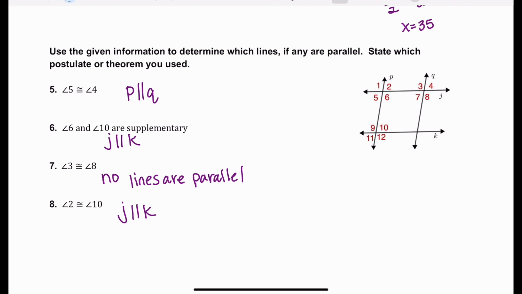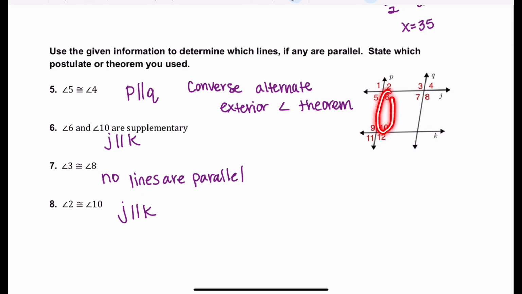Now we also need to state which postulate we used. So if P and Q are our parallel lines, and I'm looking at angle 5 and angle 4, they are alternate exterior angles. So we are going to use the converse of the alternate exterior angles theorem. Now 6 and 10, they are same side interior angles.